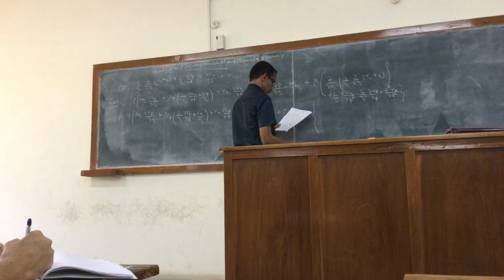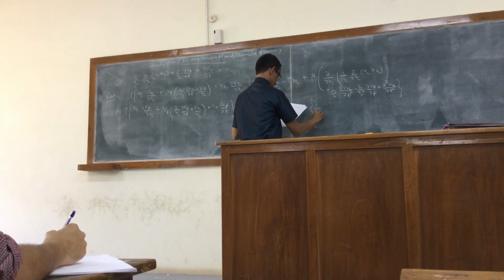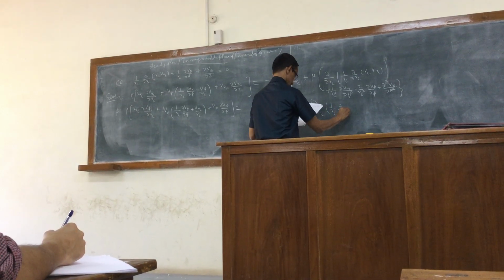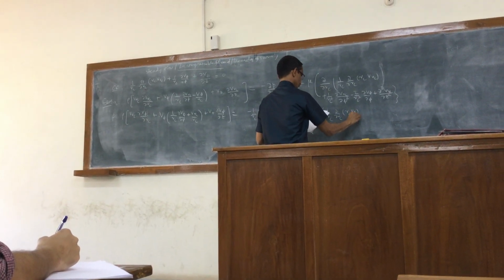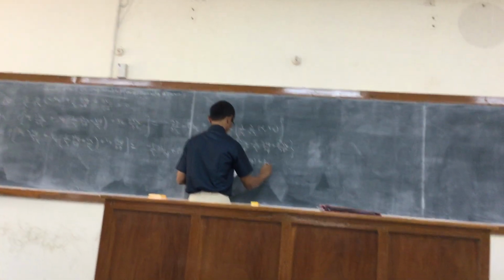I'm writing all the terms, and this would be d by dRC of 1 over RC d by dRC plus 2 over RC squared.